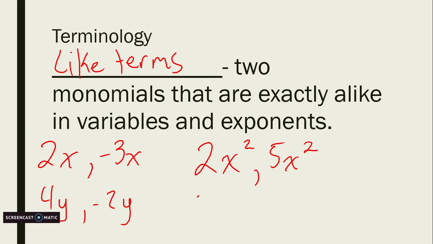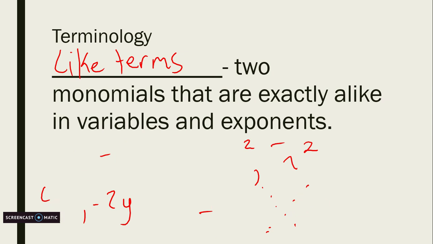But if we had 7y and 8y squared, that's not a like term. 8y squared is not a like term because it doesn't have the exact same exponent. So in order for something to be like terms, they have to have the exact same variables and the exact same exponents. If we look at a couple more real quick.